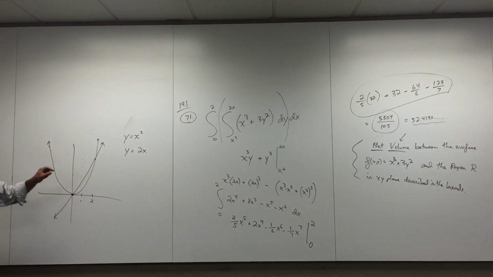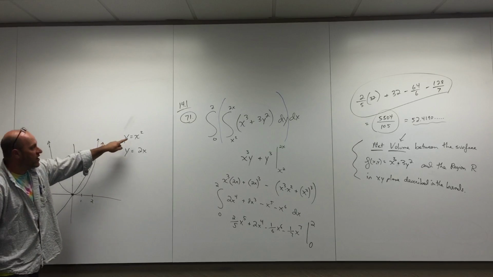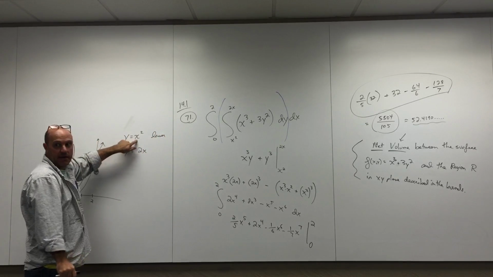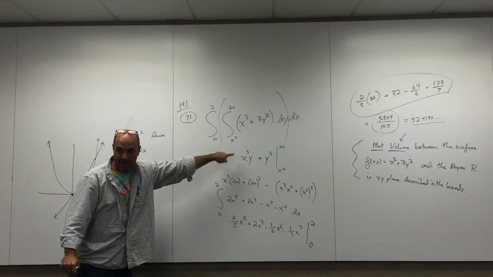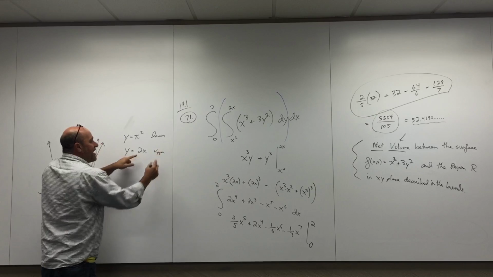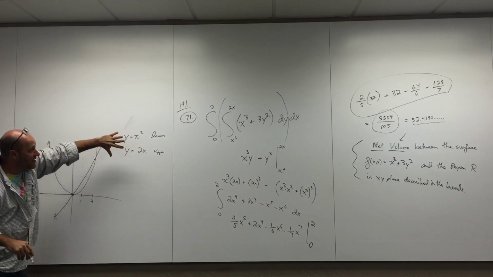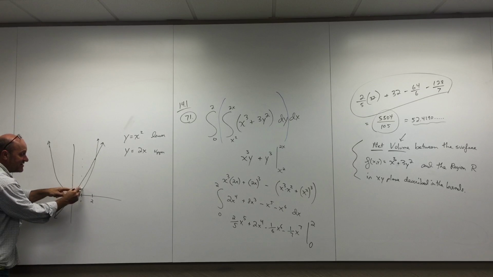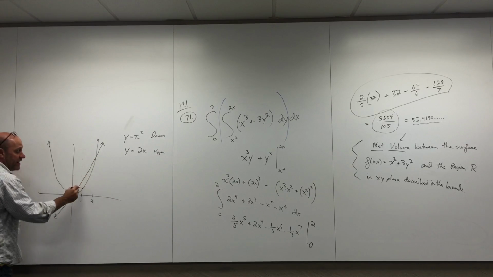So what was this? This x squared was a lower bound. Remember that? How come I said that? Because it was the lower bound, and the upper bound was this guy. So my y values live between there. I got them written backwards here, but the x squared is the lower bound. The line y is the upper bound.